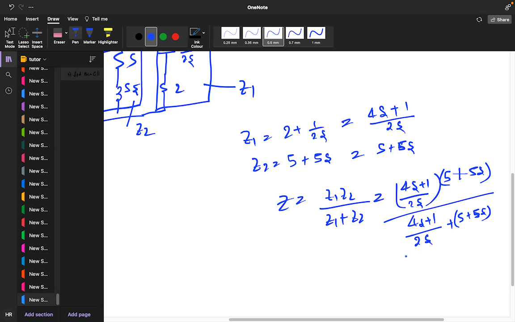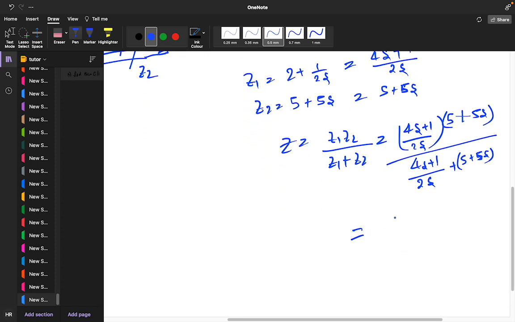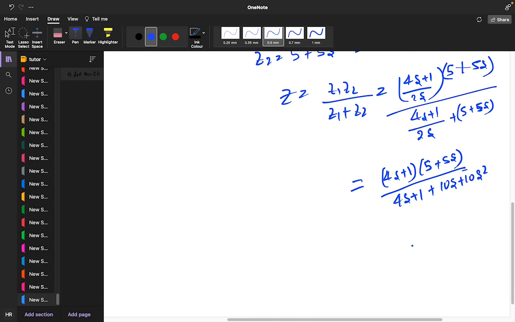So solving the circuit, you are getting something like this: 4s plus 1 into 5 plus 5s divided by 4s plus 1 plus 10s plus 10s square, and 2s gets cancelled out after taking the LCM.